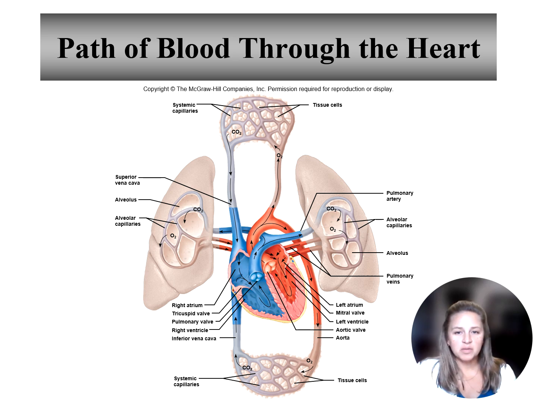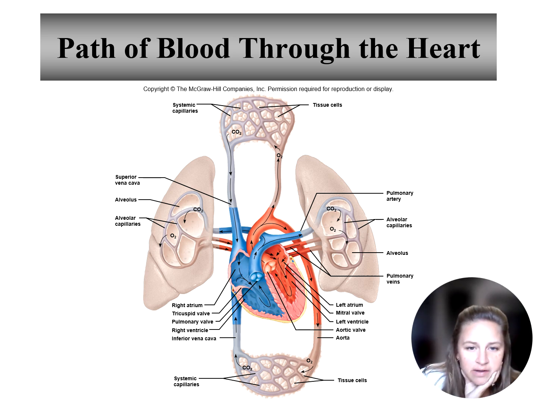So the path of blood through the heart, you can follow these arrows. And again, this is something that you'll do in a lot more detail as you're navigating the lab on your own. But you can see both the directions for the systemic and for the pulmonary circuits.